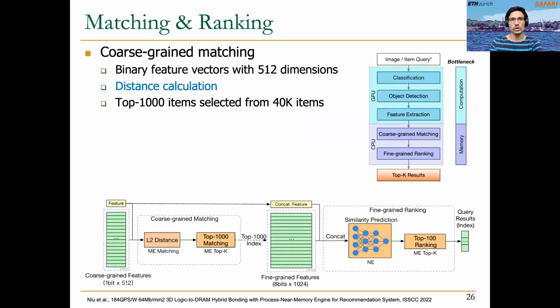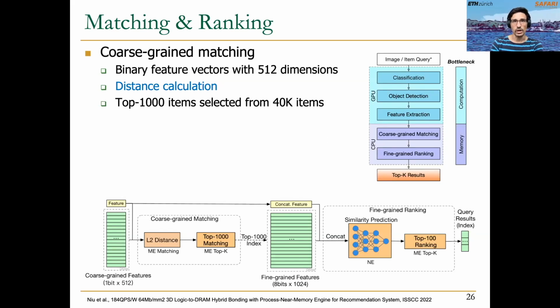So let's talk a little bit more in detail about these two steps. First of all, in the coarse grain matching, we use as inputs binary feature vectors with 512 dimensions. As you can see here, the first thing to do is to calculate the distance between the features from the query data and the features from the data in the database.